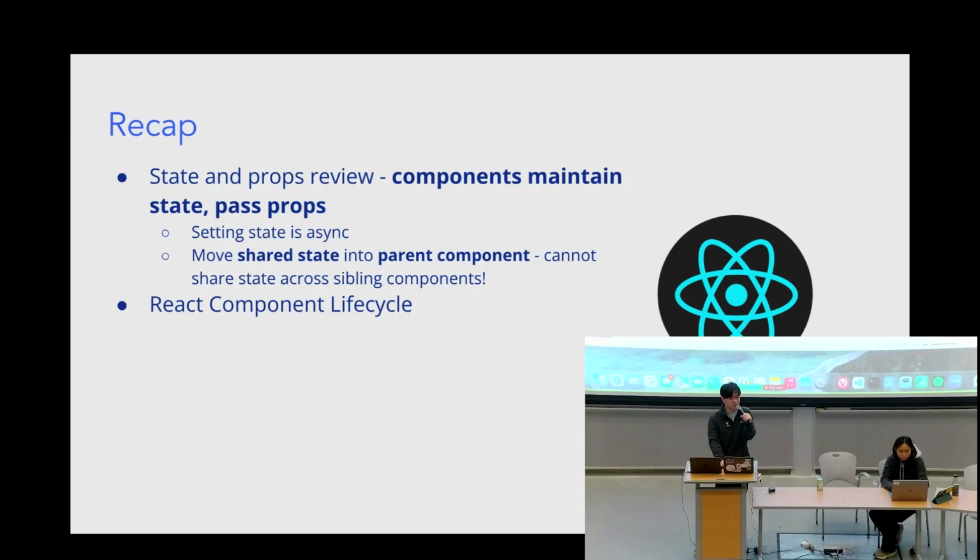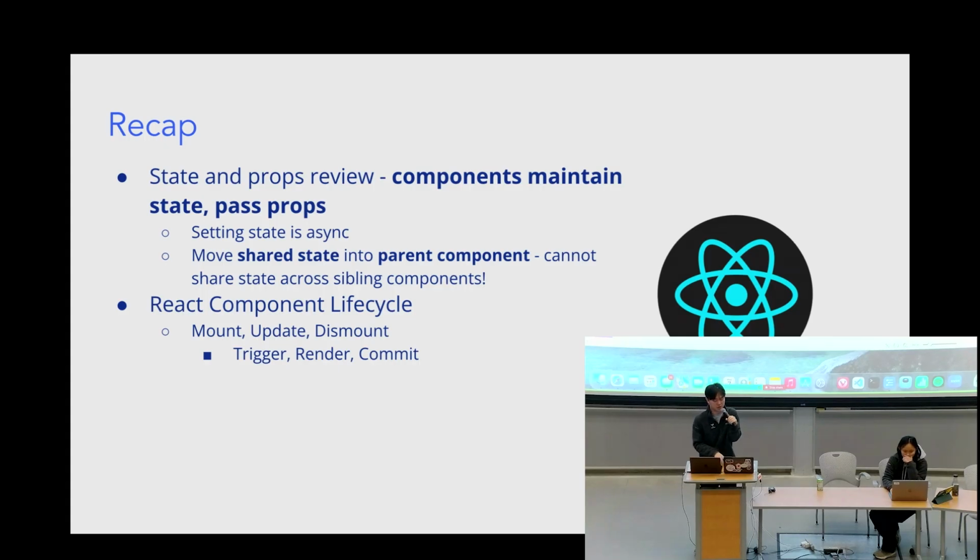And then we've been talking about this component lifecycle of mount, update, and dismount, which consists of the trigger, so either the initial render or whenever a state or prop changes, the render step, and then the commit step.